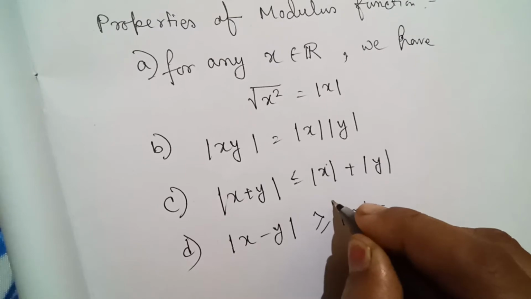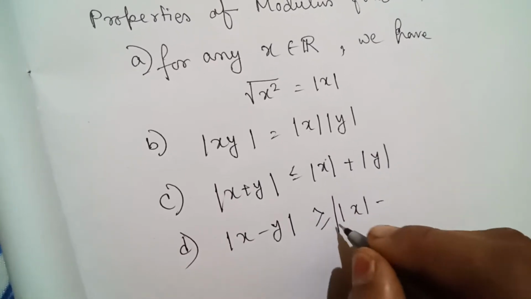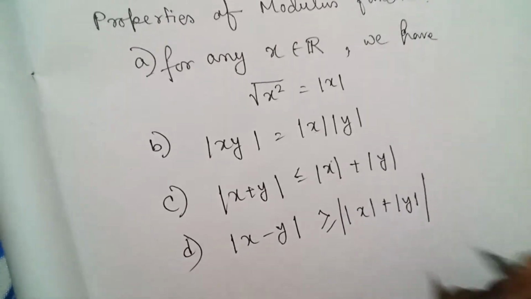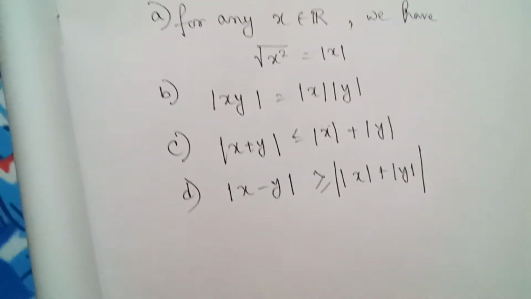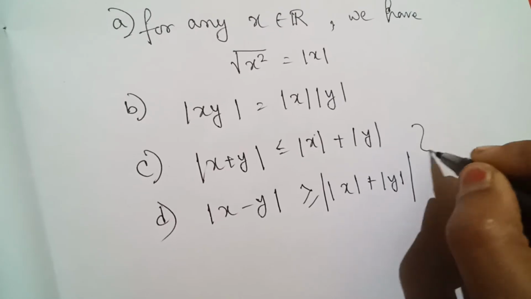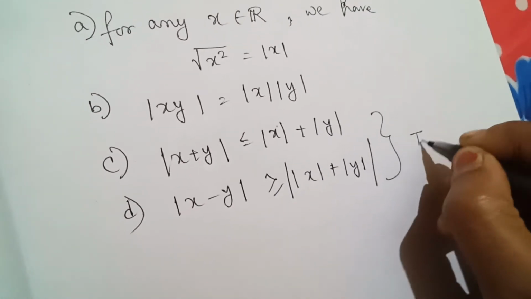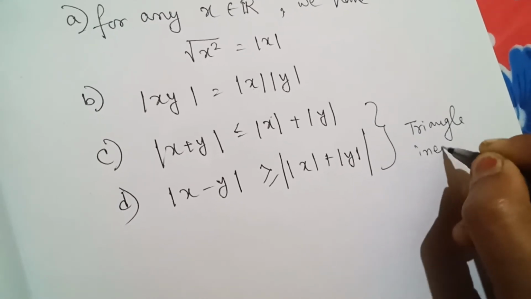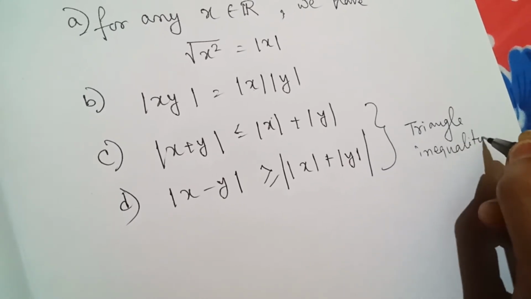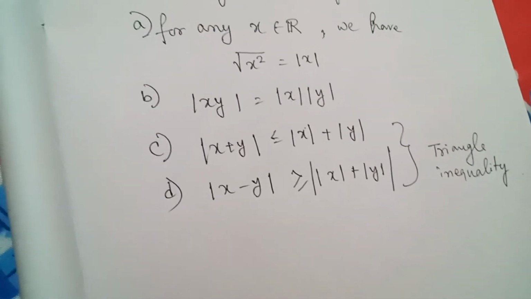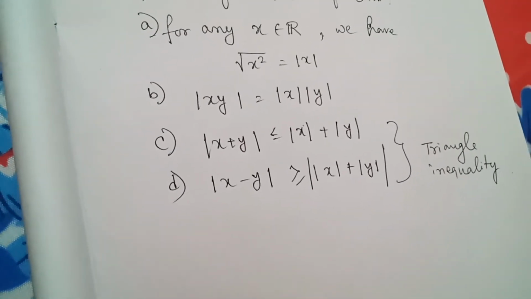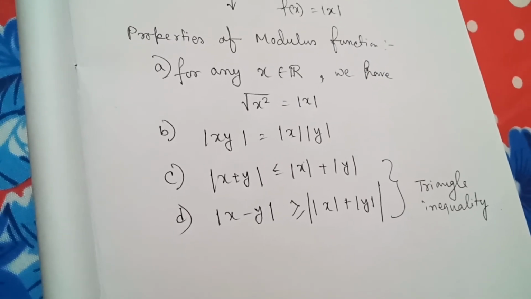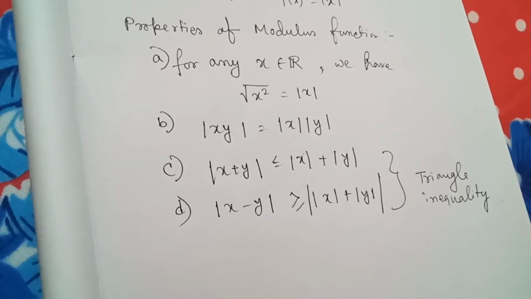Or it can be written like this: mod of the difference of x and y is greater than or equal to the difference of mod x and mod y, the whole mod actually. These two are the triangle inequalities. So these 4 are the properties of the modulus function.